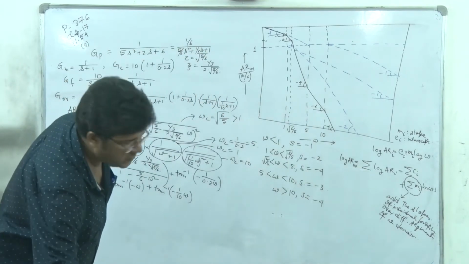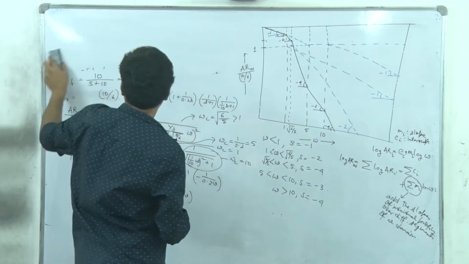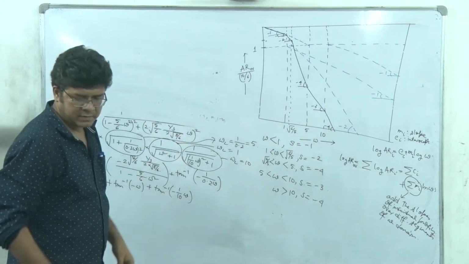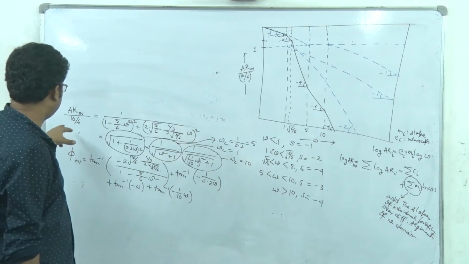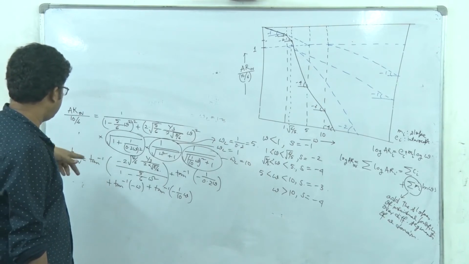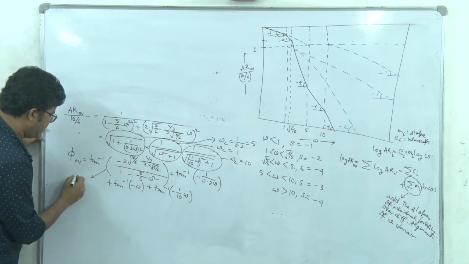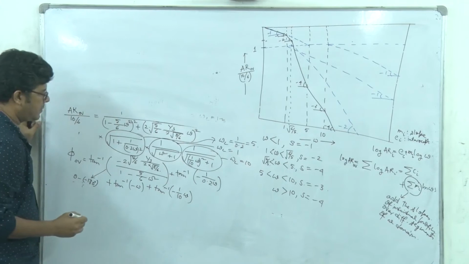Now, if you want to plot this phi, so you see, what will be the maximum value? For phi, here it varies from 0 to minus 180, correct?